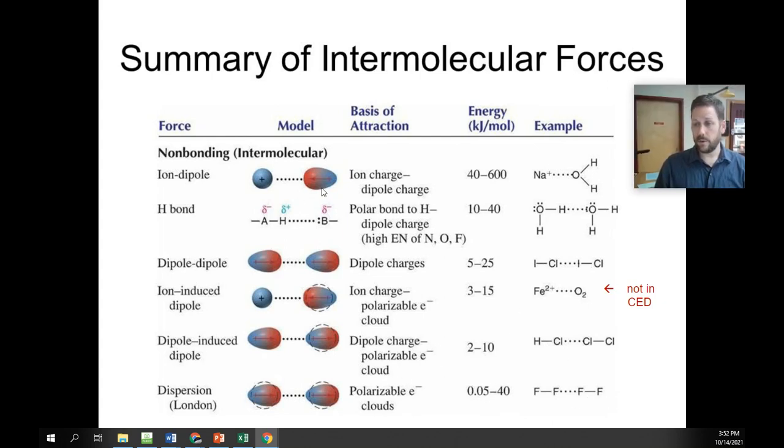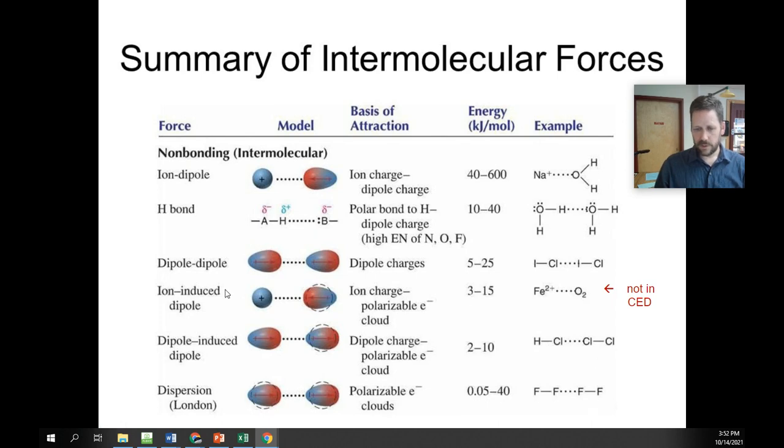Here's a nice summary of the types of intermolecular forces we've been discussing. And now we're going to go from the strongest down to the weakest. We've talked about ion-dipole interactions, like the kind that would occur between a sodium ion and water. We talked about hydrogen bonds, which are a very strong intermolecular force. We talked about dipole-dipole interactions, which are sort of an intermolecular force of intermediate strength. We talked about dipole-induced dipole interactions, and we've talked about London dispersion forces.